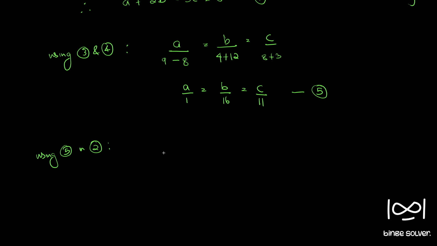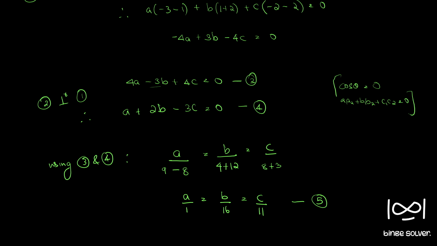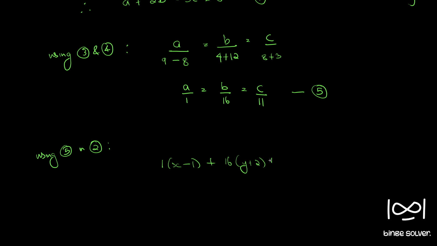We have a into (x - 1), which is 1 into (x - 1), plus 16 into (y + 2), plus 11 into (z - 2) equal to 0.